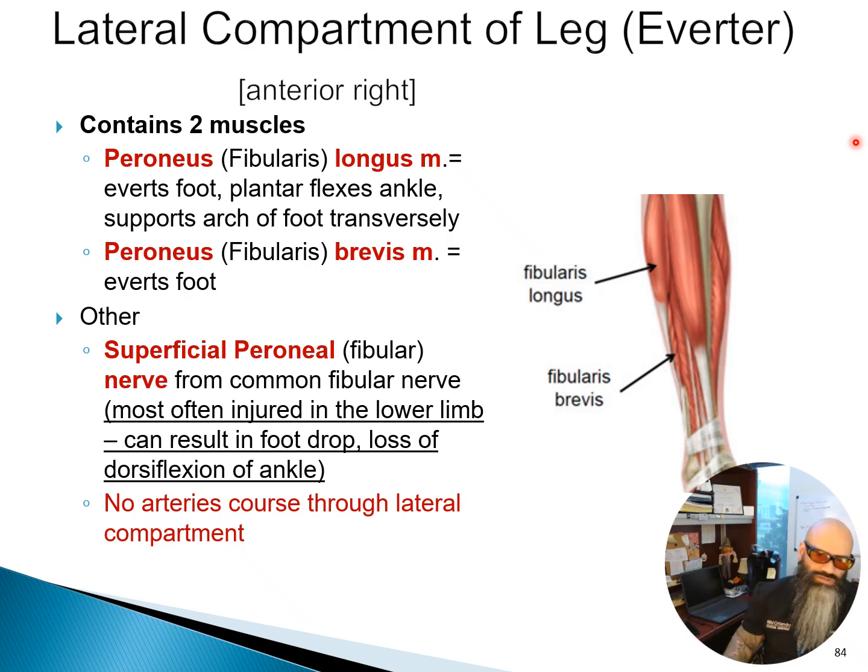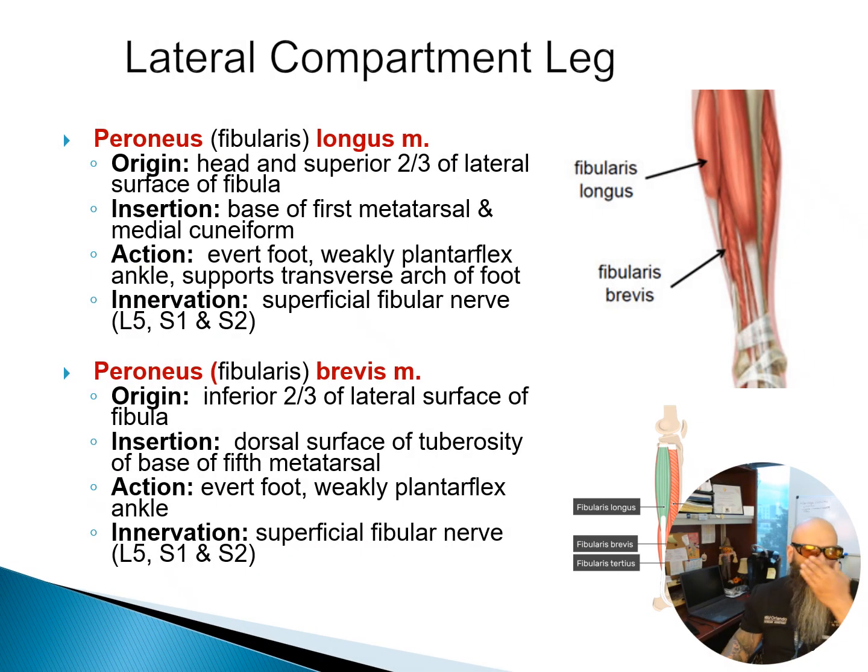So we know basically these two muscles are found in the lateral compartment and they do foot eversion. That's basically what we're concerned with. Peroneus longus, as mentioned, inserts at the base of the first metatarsal and the cuneiform.